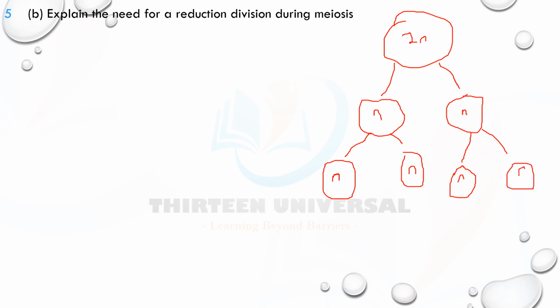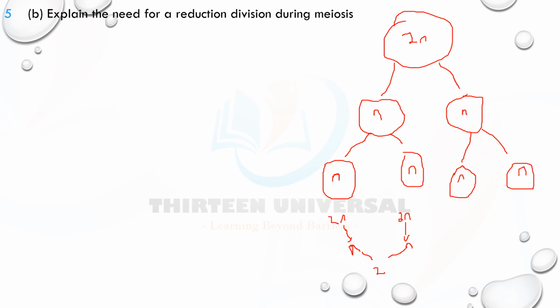Now what is the need for it? If this person undergoes meiosis and forms a haploid gamete, which is n, and I have another person in their reproductive organs also undergoing meiosis, the first need is to form gametes which are haploid, so that at fertilization the gametes can fuse and produce a diploid zygote.